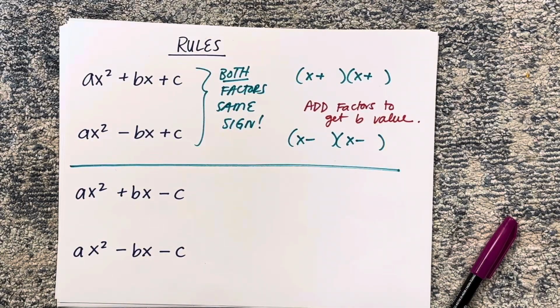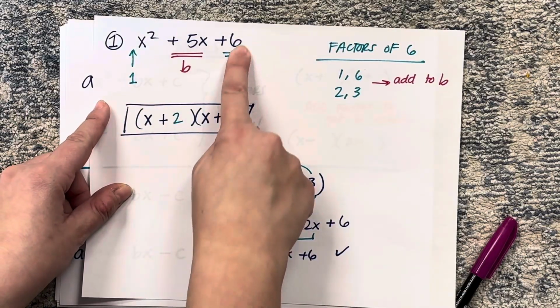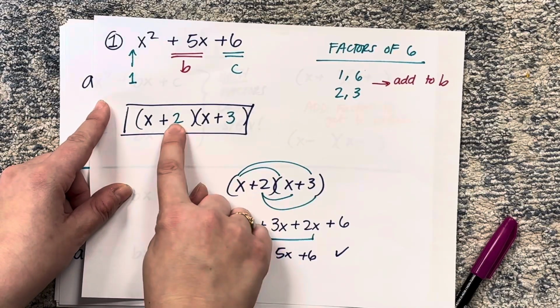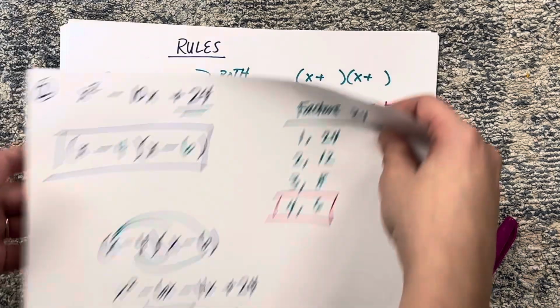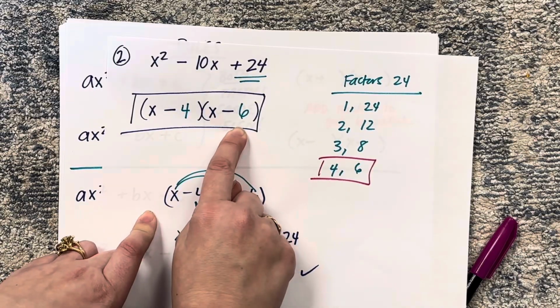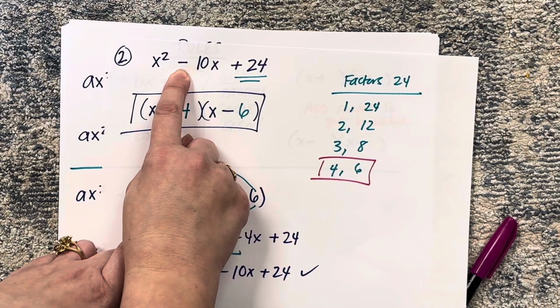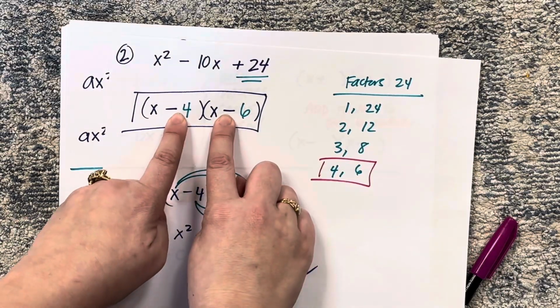Okay? So that would be just like problems 1 and 2, where this was your positive c, you're adding together 2 and 3 to get 5. Or you have positive 24, you're adding together negative 4 and negative 6 to get negative 10. Okay? Same sign, you add them together.